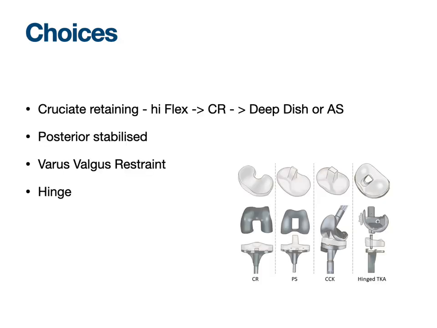If we look at the choices that we have, the entire spectrum starts from cruciate retaining, which could be high flex, a plain CR, a deep dish, or anterior stabilized. We move on to the next higher constraint, which is a posterior stabilized, followed by varus-valgus restraint, and finally we have what we call a hinge, in which the femur and tibia are connected and there is not much degree of freedom.